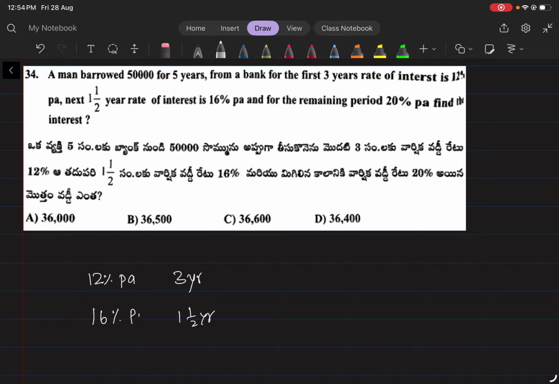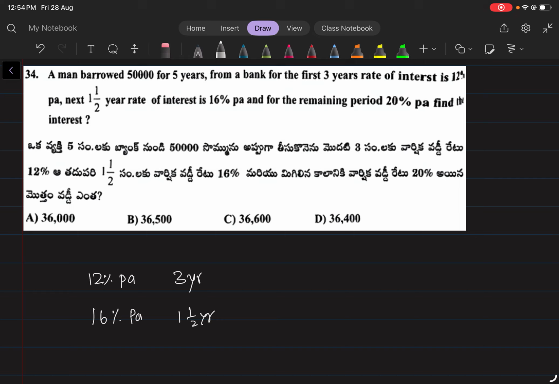And for the remaining period, 20% per annum. For the remaining period, how much? He borrowed for 5 years. 3 years gone and 1.5 years gone, so 4.5 years are gone, so only half a year is left.